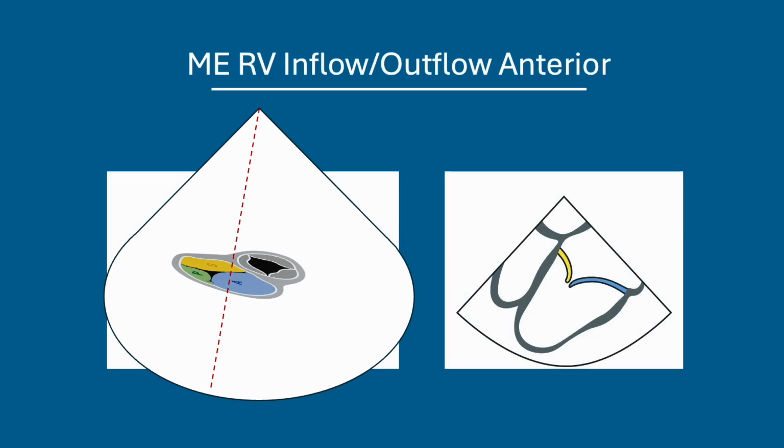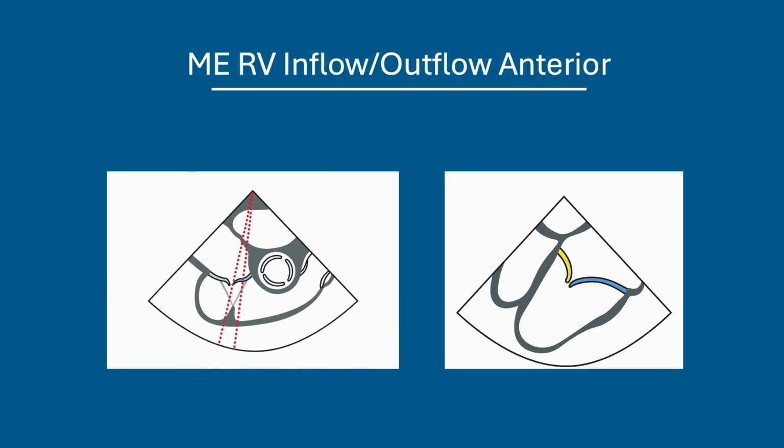Now that we understand the relationship of the anterior leaflet to the septal leaflet in the RV inflow-outflow view, we can represent it in the orthogonal view using the multi-D feature of the GE Vivid E95 platform by placing our cursor through the anterior leaflet.